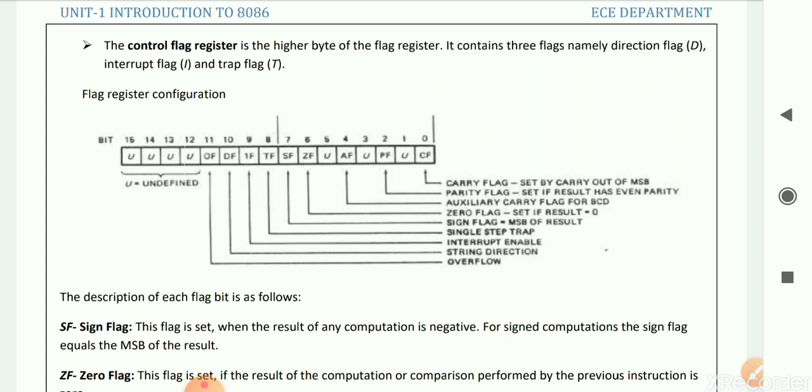In the upper byte, from D8 to D11, you find the 4 additional flags. So 5 in the lower byte and 4 in the upper byte, 9 flags in total. Let's see one by one the flags available in the upper byte of the 8086 flag register, that is the overflow flag, string direction flag, interrupt enable flag and trap flag.